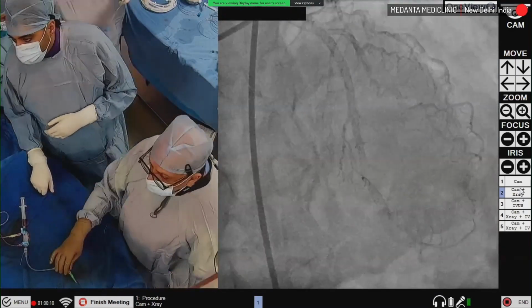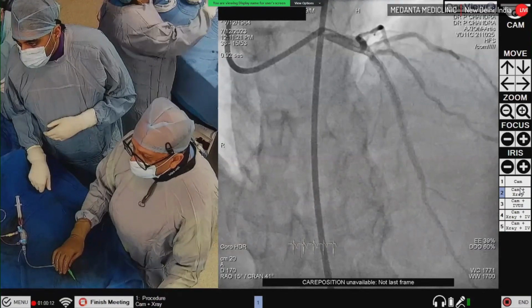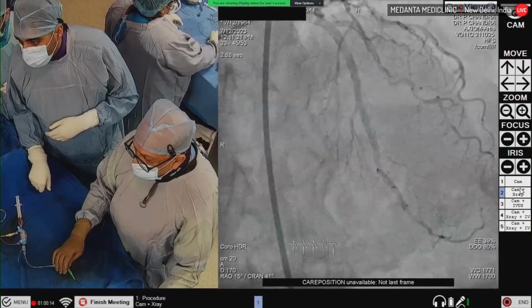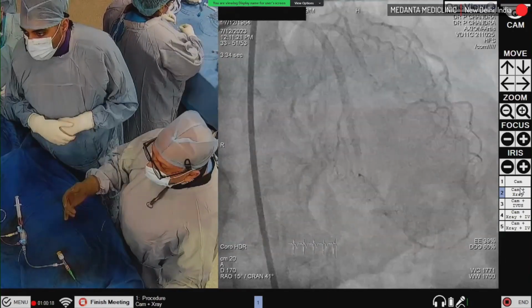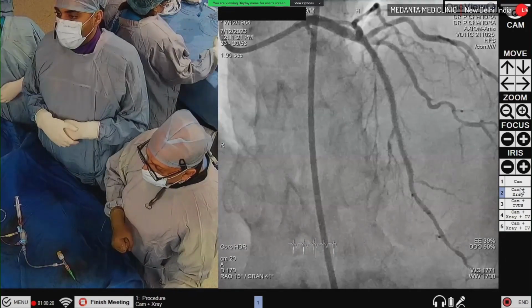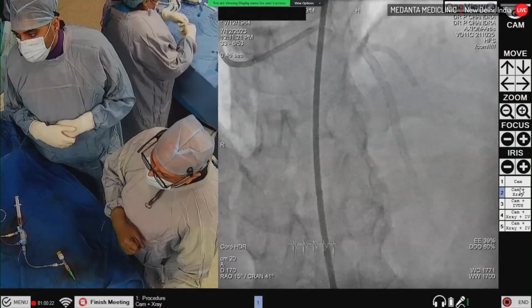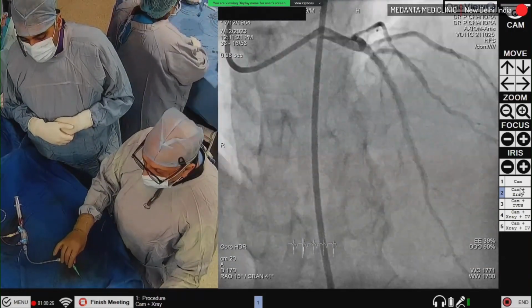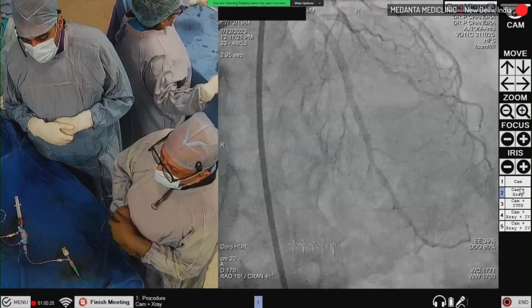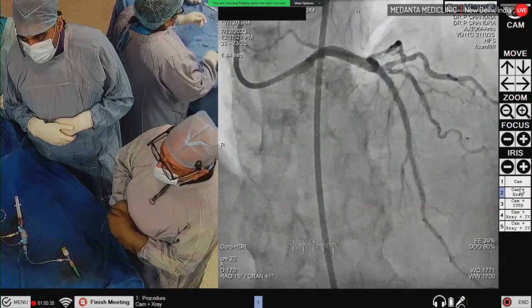Perfect. So this vessel is looking very nice now, very healthy, and there is no residual, there is no dissection with this drug-eluting balloon to this 2.0 to 2.25 vessel, distal segment. I think this is the way to go in these kind of vessels.